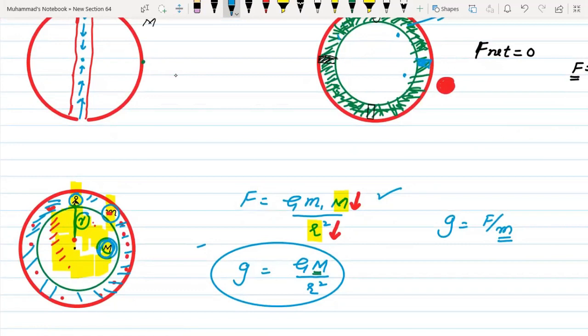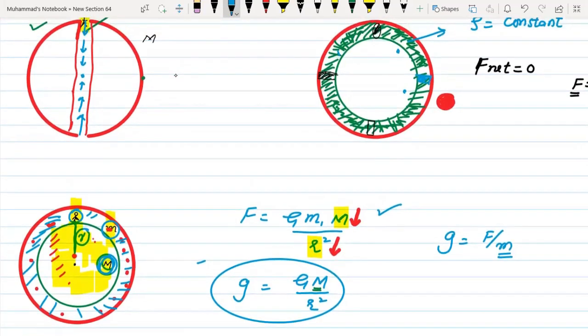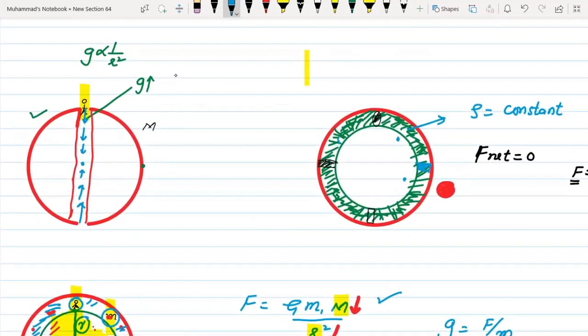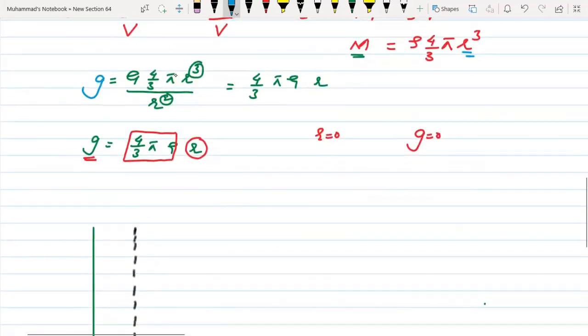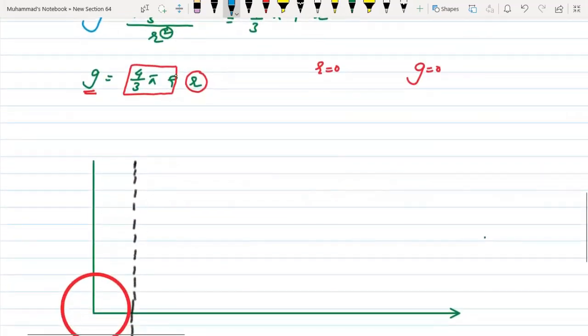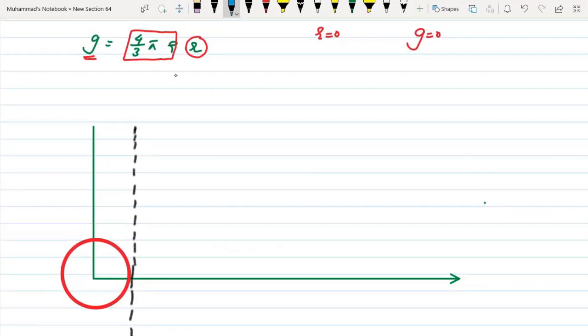But we have assumed that the density of Earth is uniform and Earth is in the form of a spherical object. Okay, these are two assumptions. So now I want to plot the graph of G inside and outside the surface of Earth.